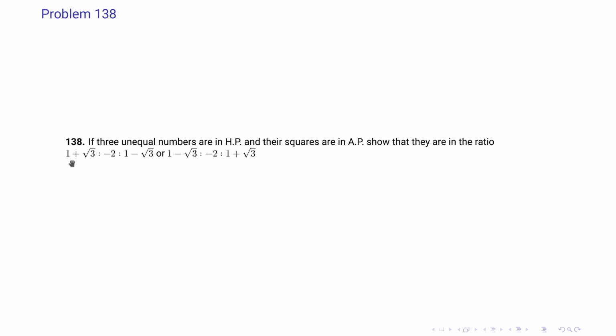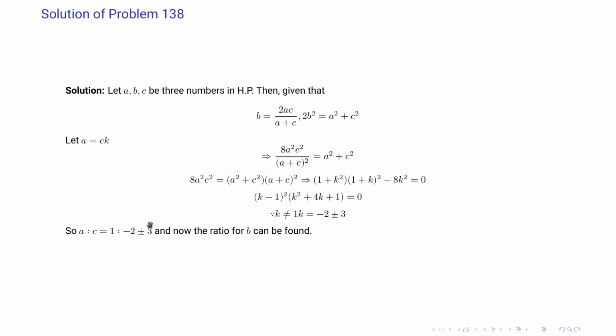Now that ratio is nothing but 1 plus square root of 3 is to 1 minus square root of 3. If you rationalize this, then you will obtain the same result. Or it is 1 minus square root of 3 is to 1 plus square root of 3. It is that a is to c. Once we have this, that is, we know the ratio of a is to c, we can simply substitute over here and we can find the value for b in terms of k.